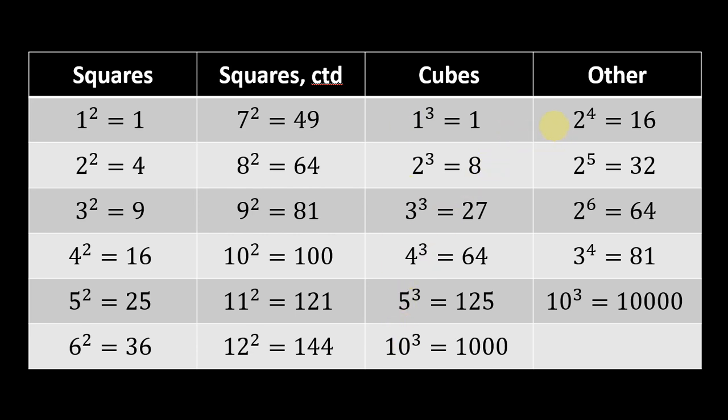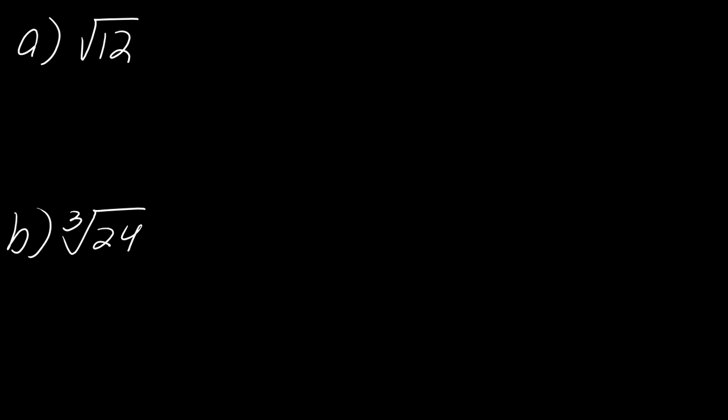Very often 2 to the 4th, 2 to the 5th, 2 to the 6th are handy, 3 to the 4th is handy, and 10 to the 3rd is handy. These are the most popular squares, cubes, and 4th powers that I typically see. Possible that you could have others, but these tend to be the really common ones, especially for a test like ALEKS.